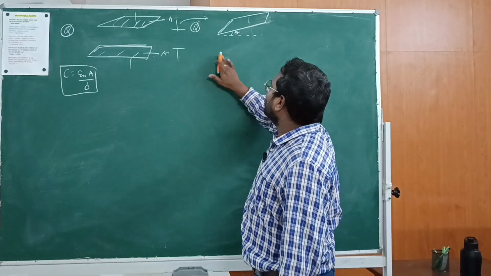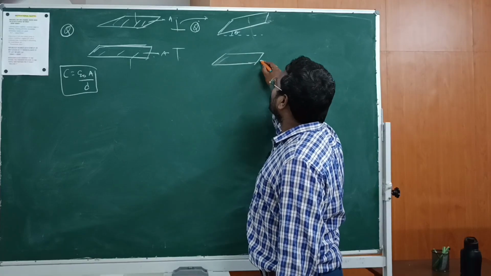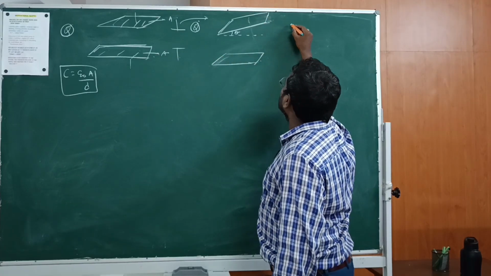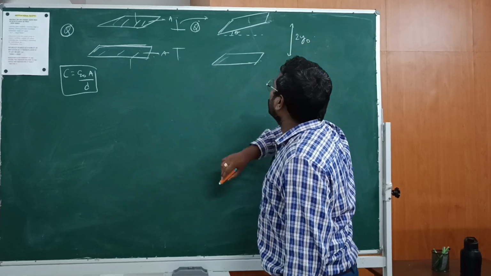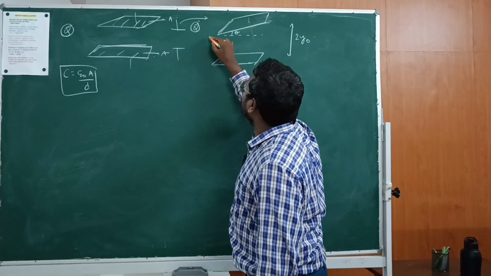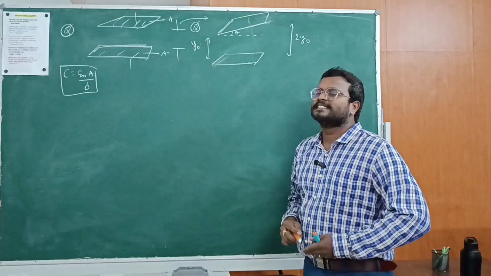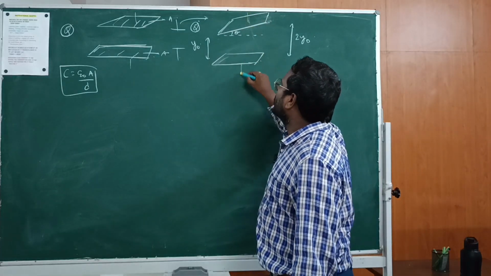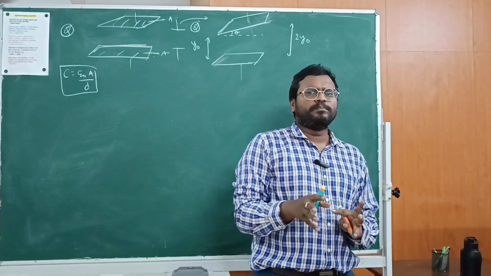The top plate is kept at an angle theta, but the bottom plate is going to remain the same. The top plate is inclined at an angle, so this total distance is given as 2y naught and the distance between the plates here is y naught. We need to find the capacitance between the two parallel plates when they are placed at an angle theta. Very simple one.